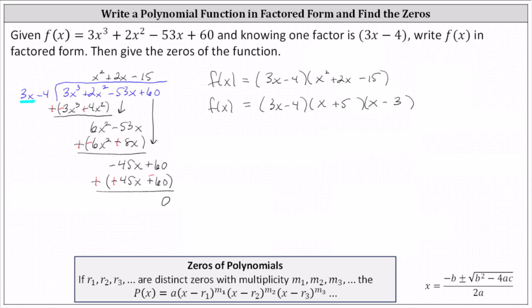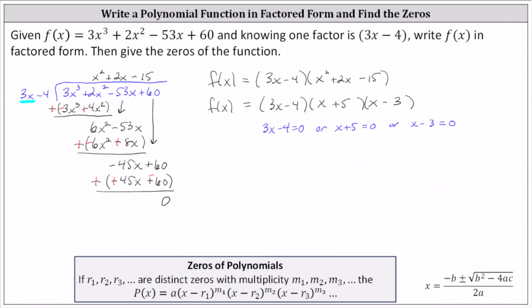Now that we have the polynomial in factored form, we can determine the zeros. Recall the zeros are the x values for which f of x equals 0, which is when 3x minus 4 equals 0, or x plus 5 equals 0, or x minus 3 equals 0.